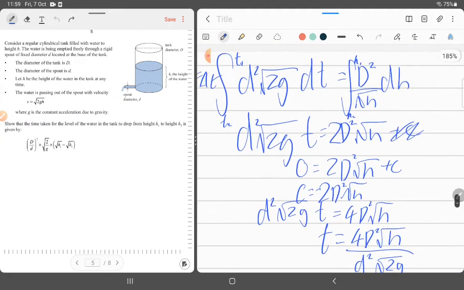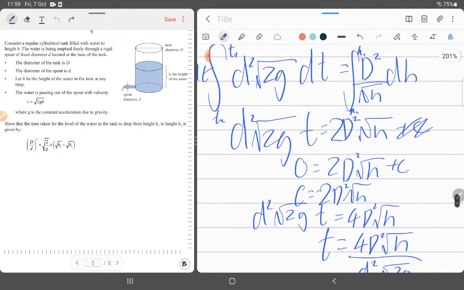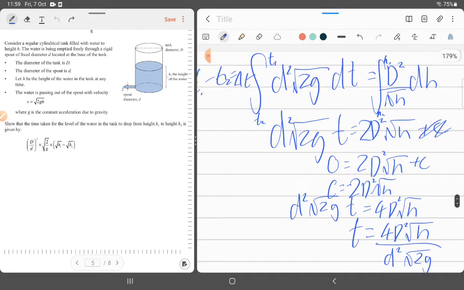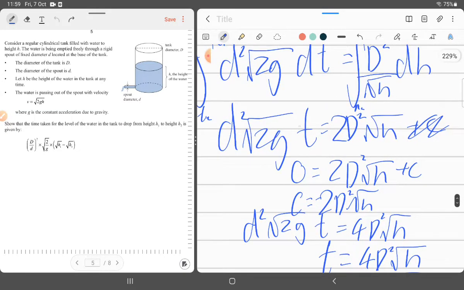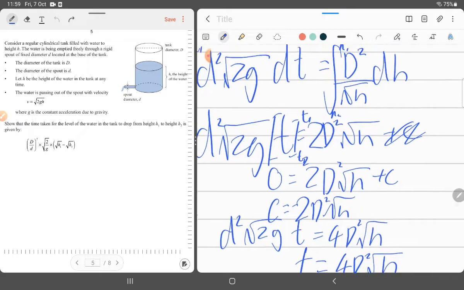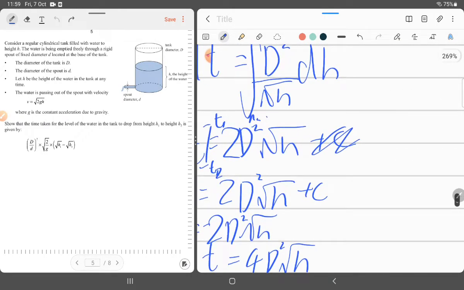So it's just t from t1 to t2, and change in H from H1 to H2.